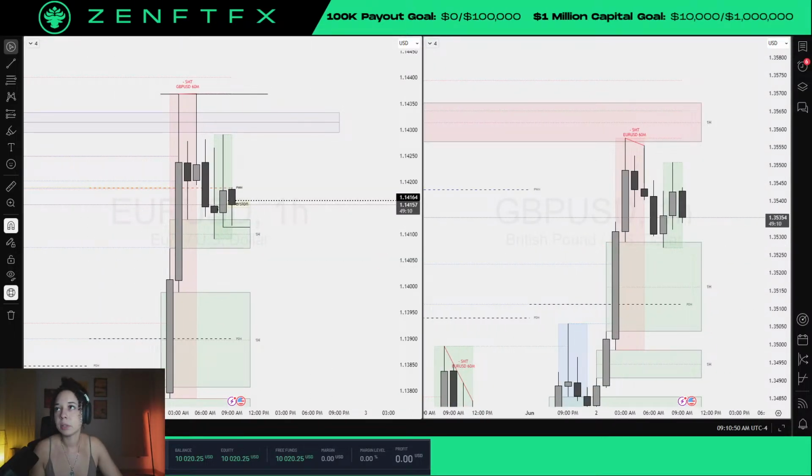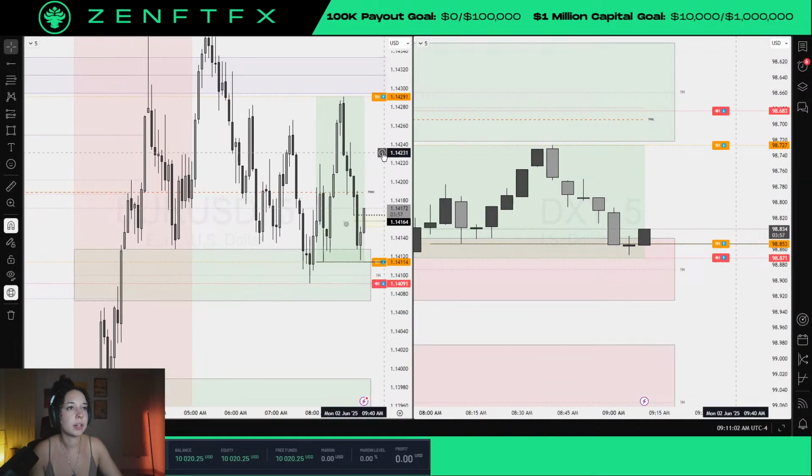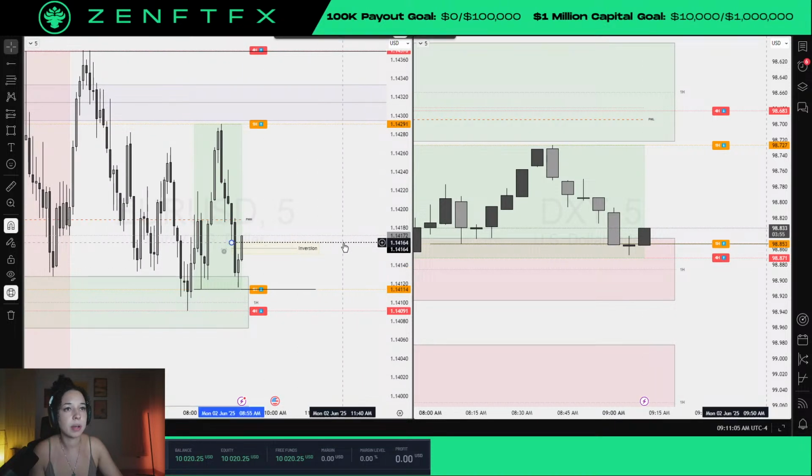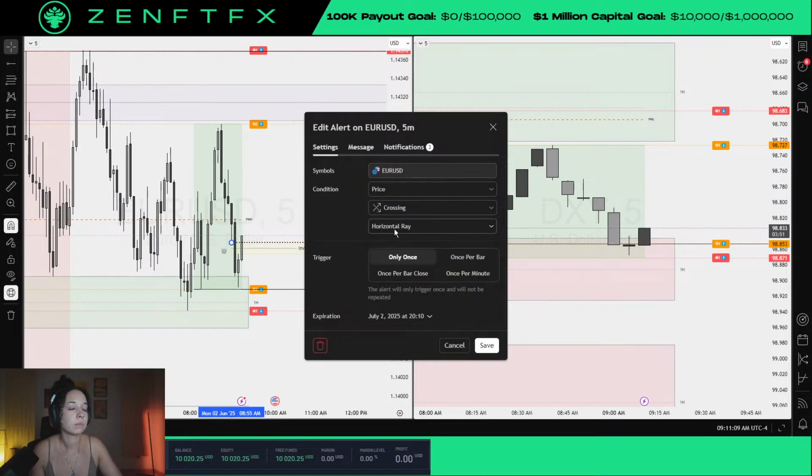So let me go to Euro USD, which actually aligns with my original trade idea. Oh, I need it to close. Hold on. Yeah, the 5 minutes has to close, or it might run up without me. That's fine. Crossing up on my candle close.